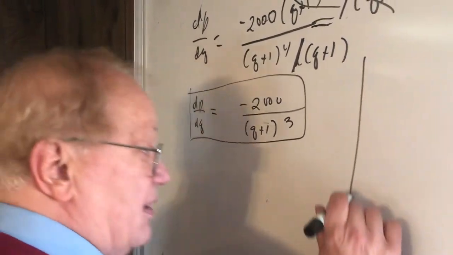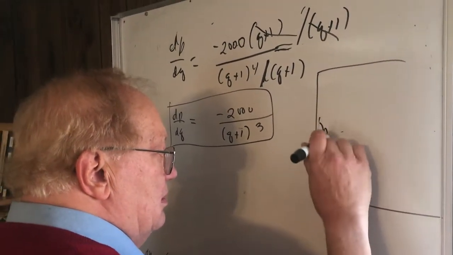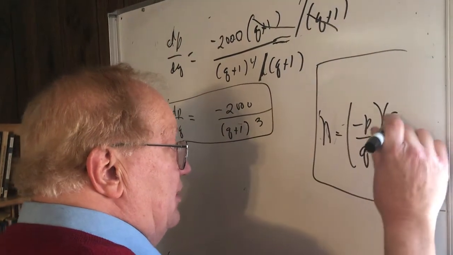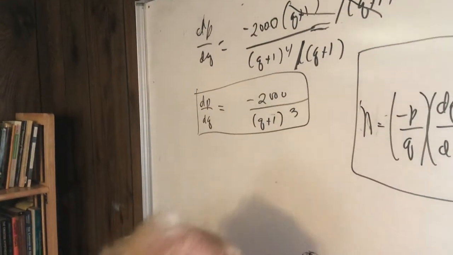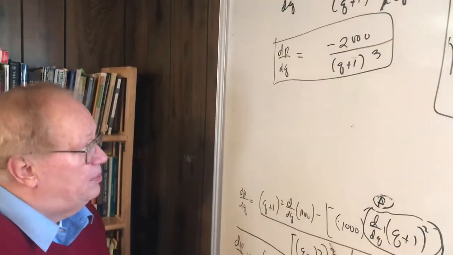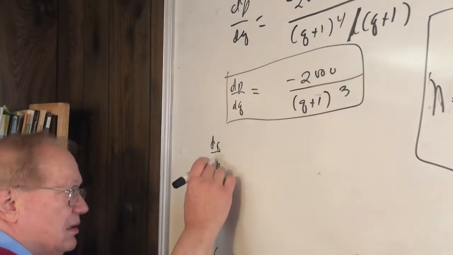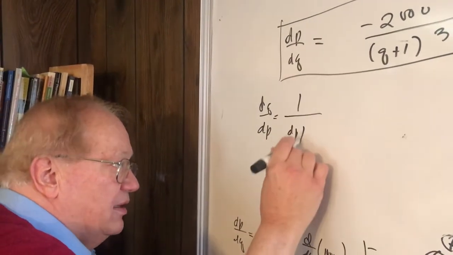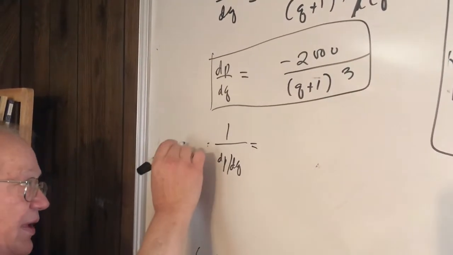But our elasticity function wants dq dp. So what do I do to dp dq to make it dq dp? Simply, dq dp is going to be the reciprocal of dp dq.